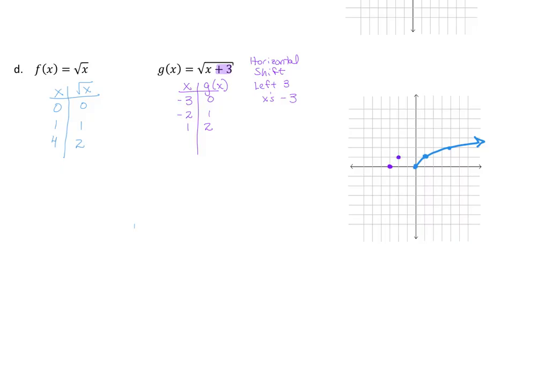We have negative 2, 1, which is on our table. And we have 1, 2, which is on our table. And we get something that looks like this. And so notice here that what we've done is we have basically moved our entire graph 3 to the left.